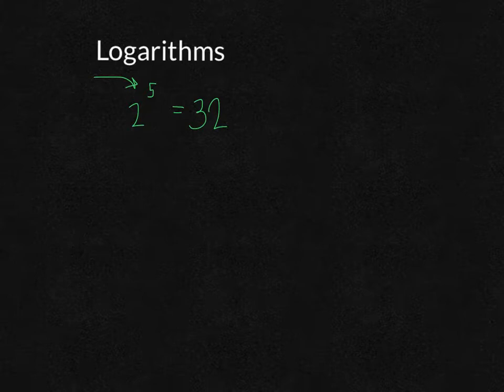Okay, just some quick notation here. This 2 is called the base. The 5 is the exponent or the power, and 32 is what that all equals. Now, if you're going to take this exponential expression and rewrite it as a logarithm expression, you would start with the base, and you would go log whatever the base is, and you hook that around to the other side.